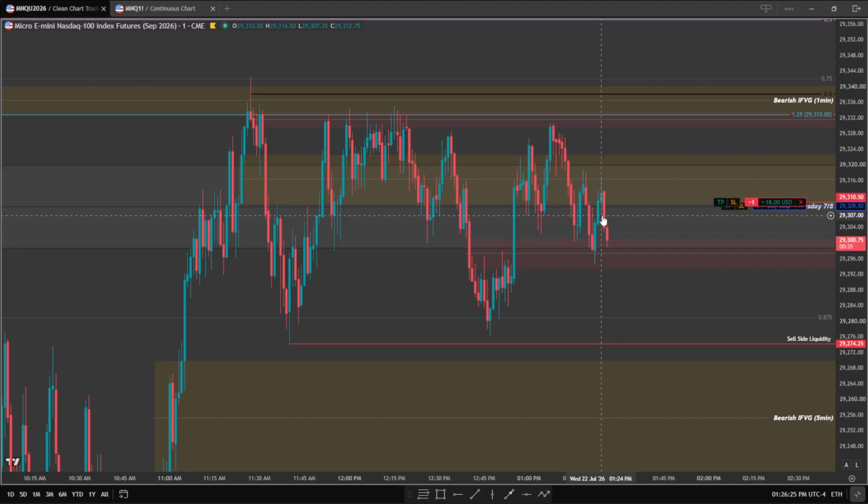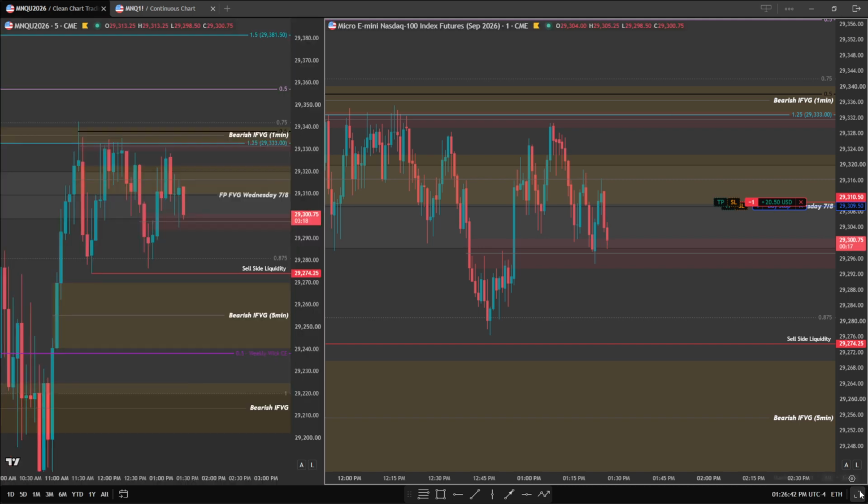Preferably, this is a breakaway gap, and it does not trade to that, and it accelerates to the liquidity. That's what I want to see. Check this 5 minute. Yeah.